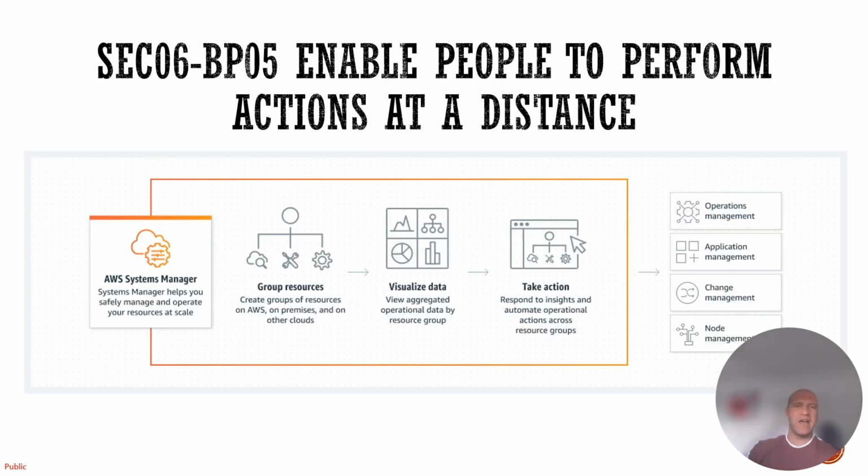Best practice number 5 is all about enabling people to perform actions at a distance. We obviously know that nowadays most organizations allow their people to work either in a hybrid setup or remotely. So how can we allow our people to perform actions at a distance? Removing the ability for interactive access reduces the risk of human error and the potential for manual configuration or management.